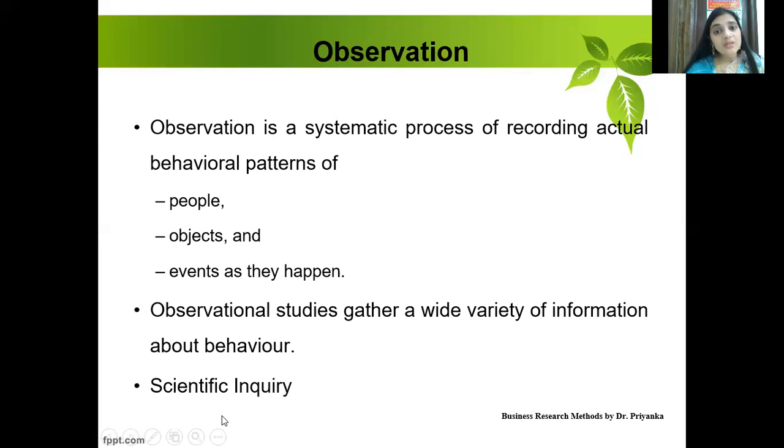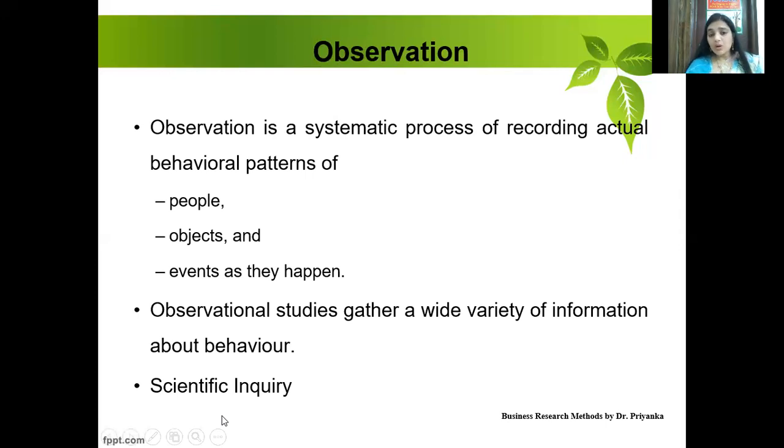Or it is recorded systematically and related to some general propositions, rather than being presented as reflecting a set of interesting curiosities. It is not just a curiosity you have, but it is related to some general proposition. You have set up a proposition or hypothesis, and then you are doing it. Then it would be a scientific inquiry, or it is subjected to checks or controls related to validity and reliability.